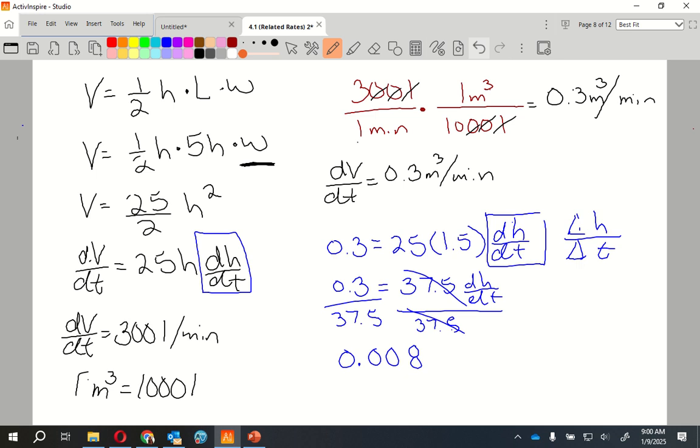It's just the height, right? If it's just the height that's changing, that's what they're asking for. They're not changing the volume, they're not changing the area, so it's just changing the height. And the height itself is measured in meters per minute.